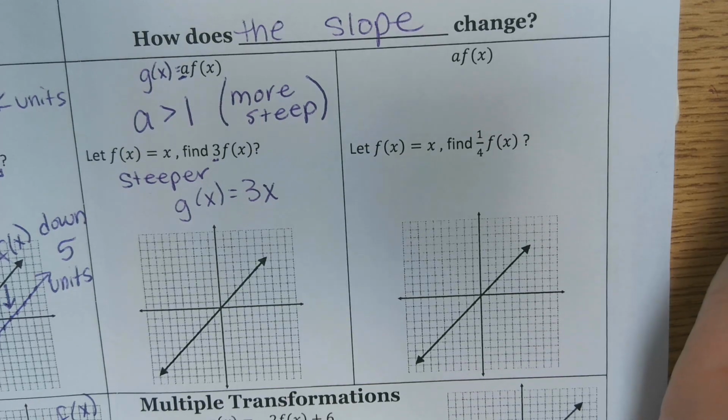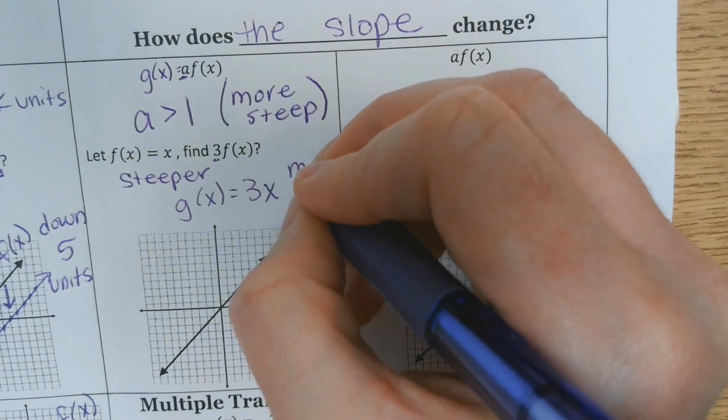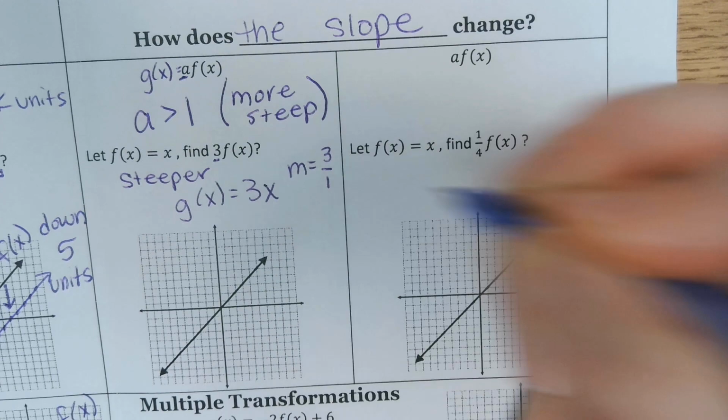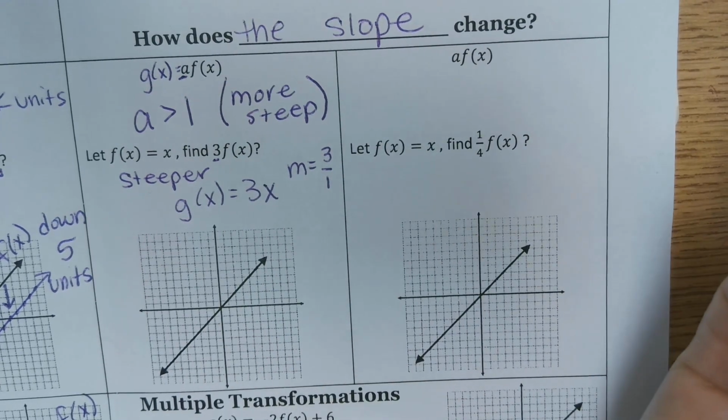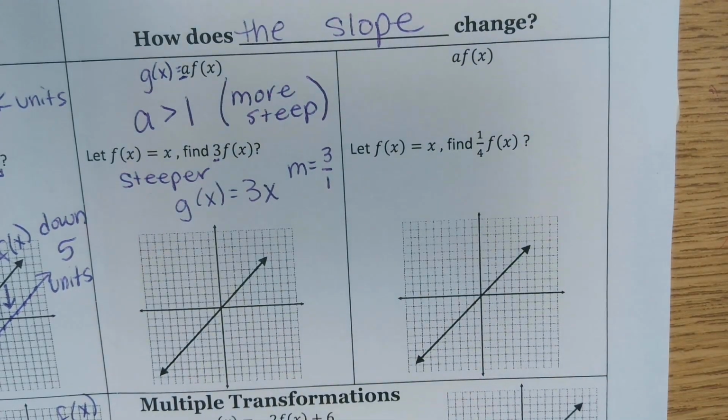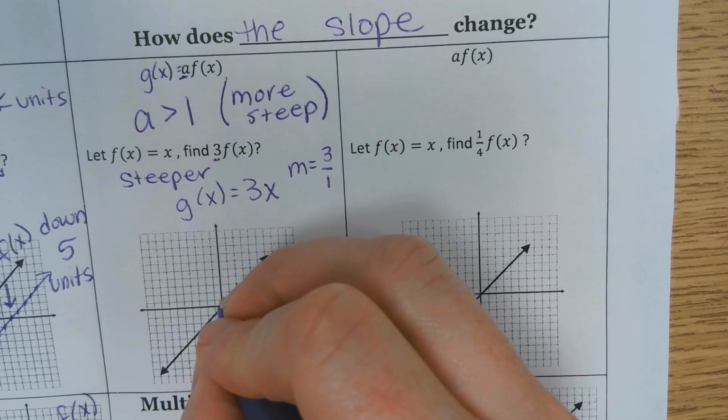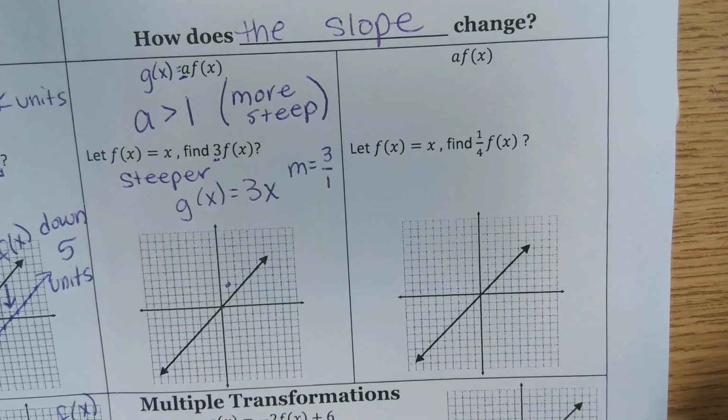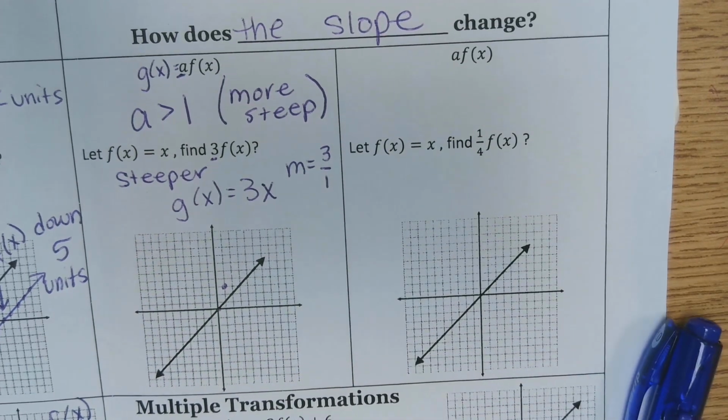So instead of it being up 1 over 1, this one is going to be up 3 over 1, because you're changing the slope. Your y-intercept stays the same though. So start at your origin, up 3 over 1. Make all your pretty points. Up 3 over 1.